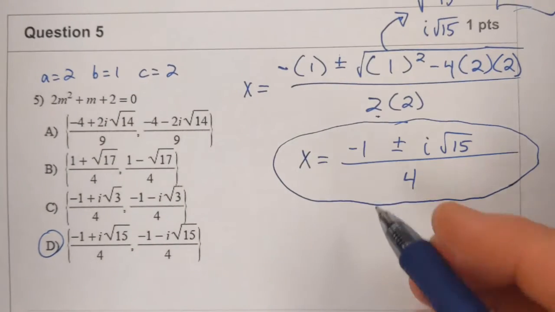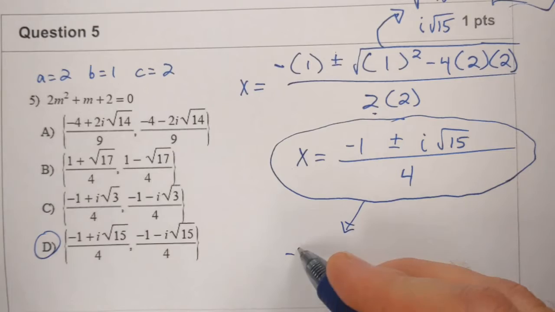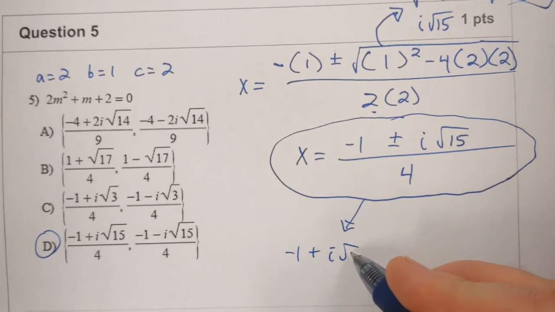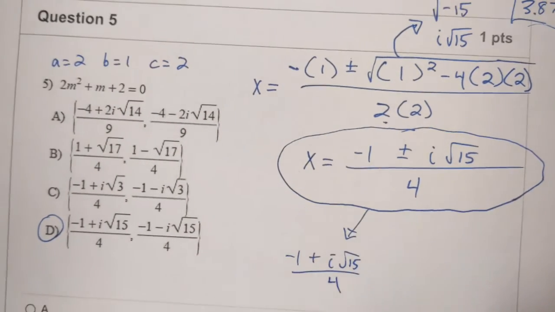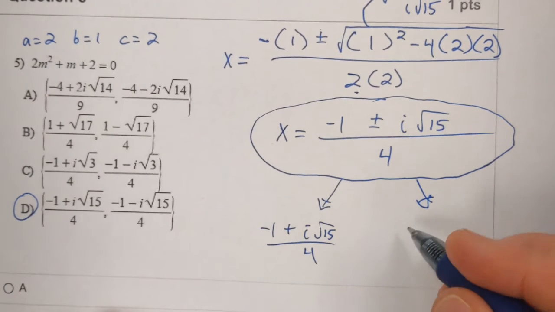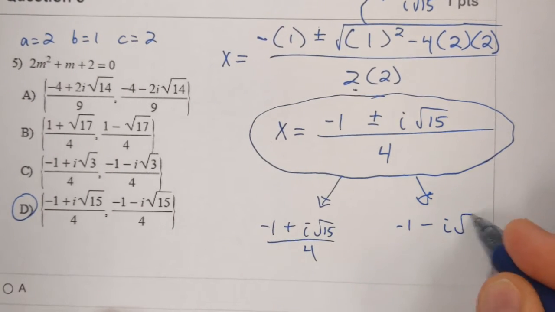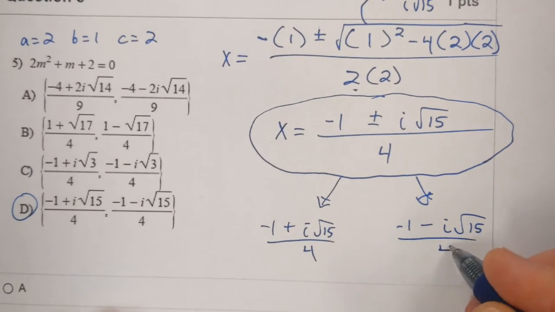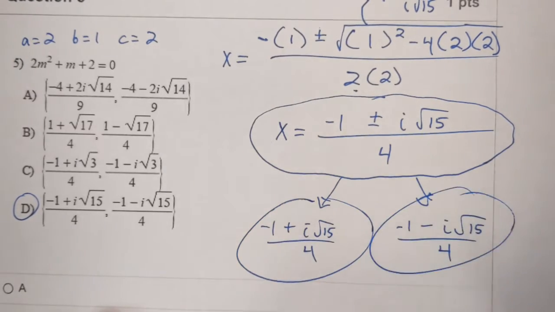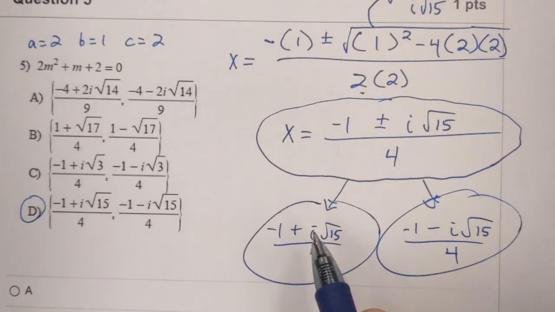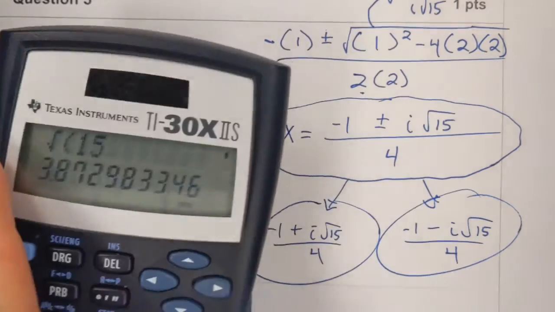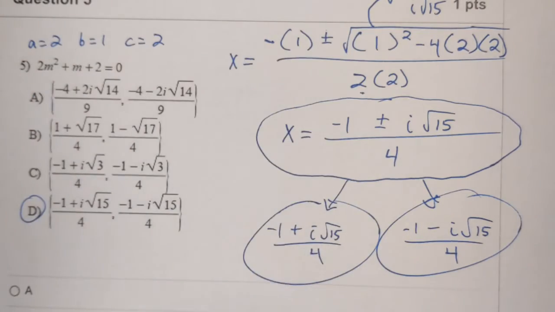I guess technically, if you really wanted to, you could write negative 1 plus i radical 15 divided by 4, and negative 1 minus i radical 15 all divided by 4. You could break your solutions down like this, but this i makes it impossible to evaluate any further on your calculator. So at this point, you're actually done. You can see clearly the answer is going to be D.